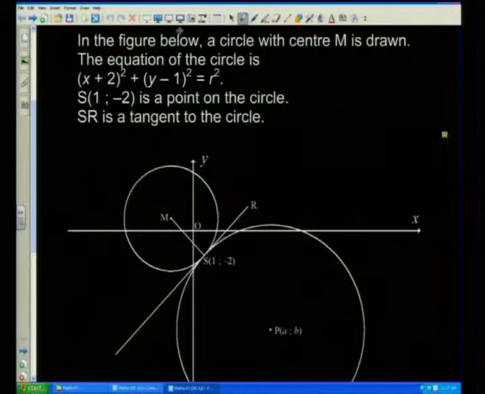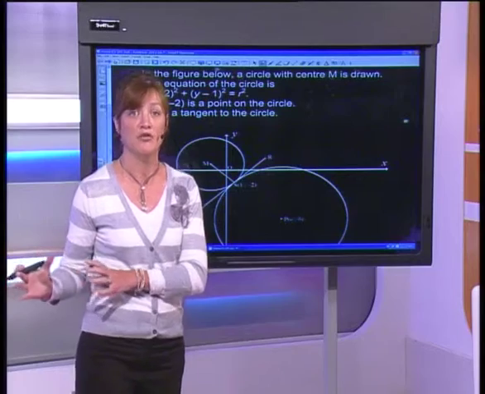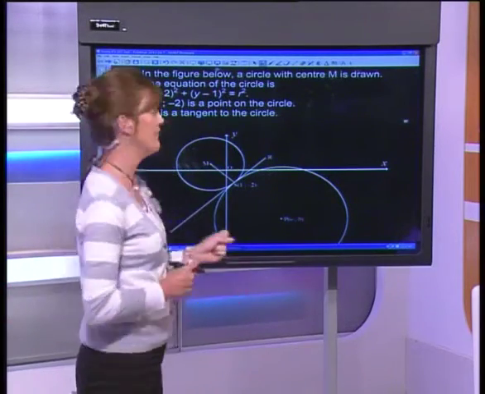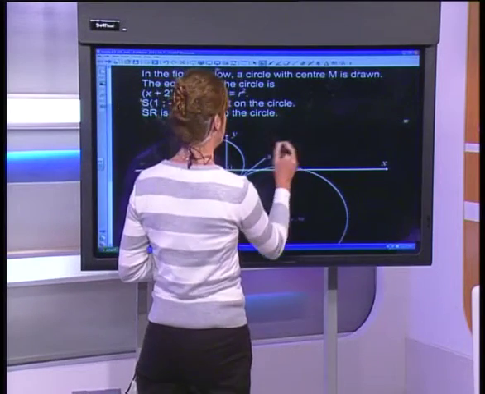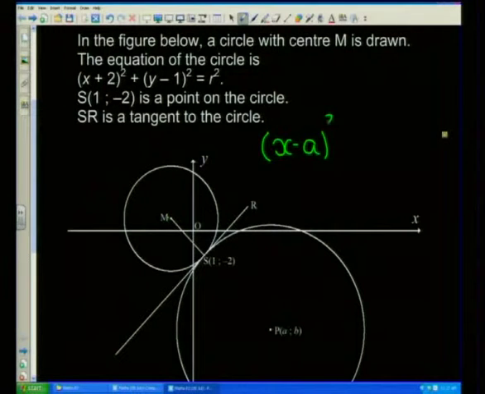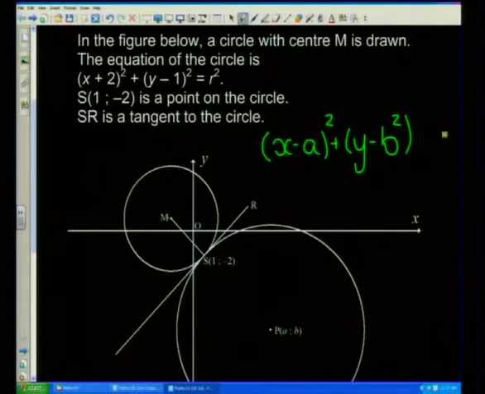Okay, before we get going, let's just take a look at a few basic things. First of all, when we are working with the equation of a circle where the center of your circle has been moved off the origin, okay? So both of these circles, the circle M and the circle center P, have been moved off the origin. When we're looking at the standard equation of those circles, we're working with x minus a squared plus y minus b squared, and that's going to be equal to your radius squared, okay?